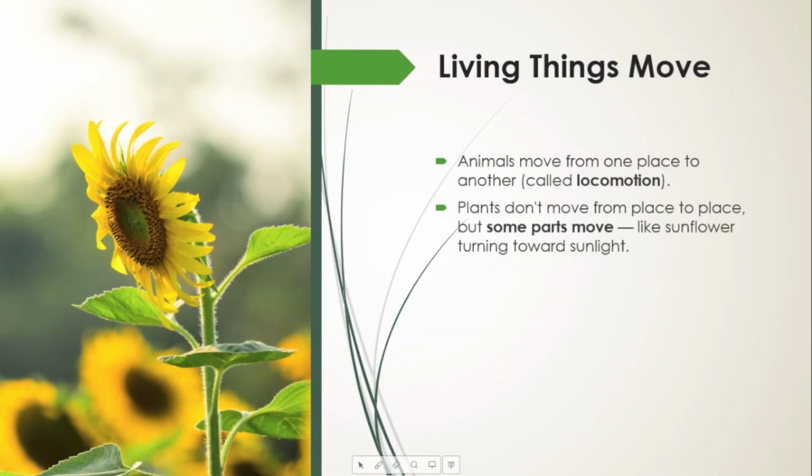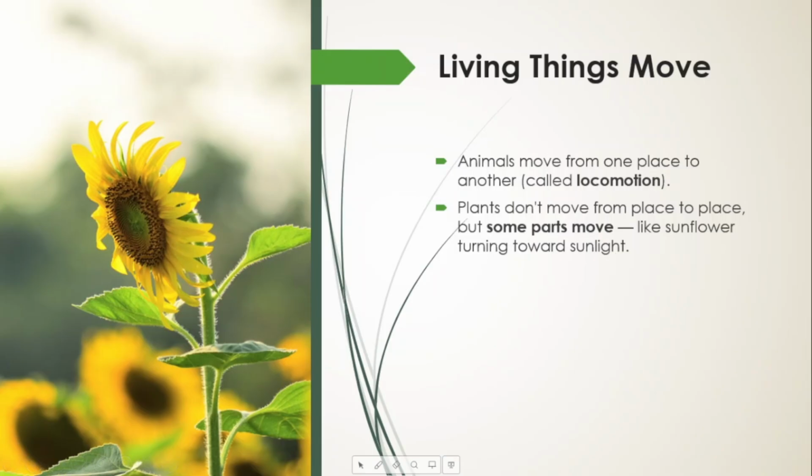Next, all living things have the ability to move. Animals move from one place to another and we call it locomotion. Plants don't move from place to place, but some parts move, like a sunflower turning towards the sunlight.